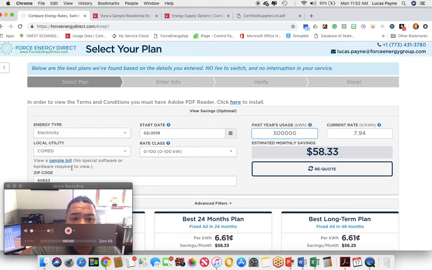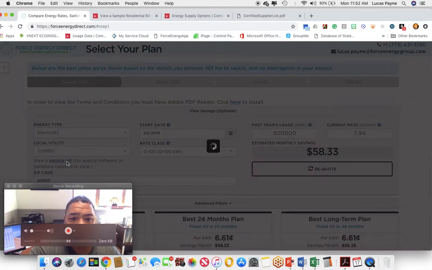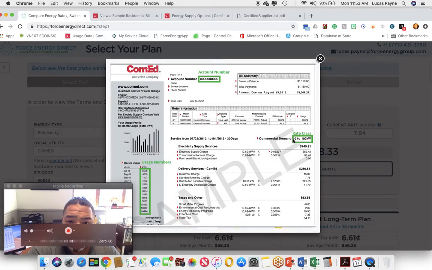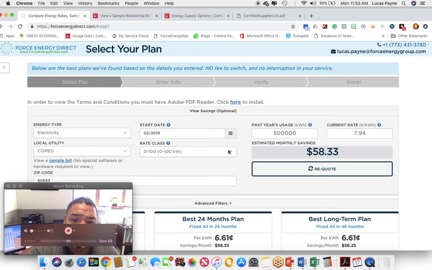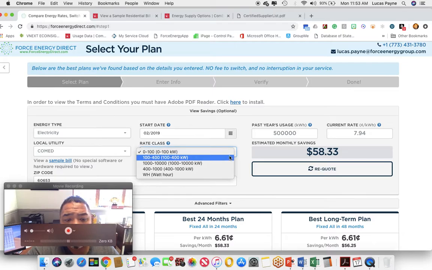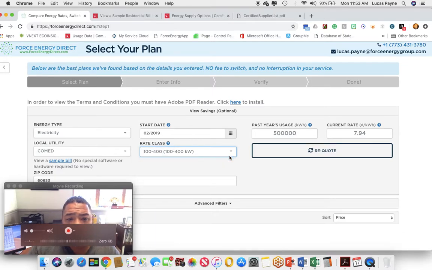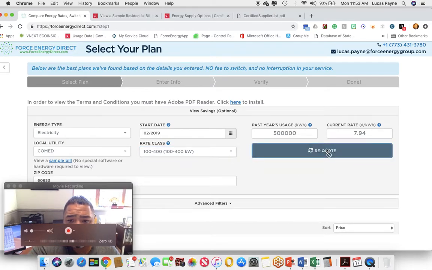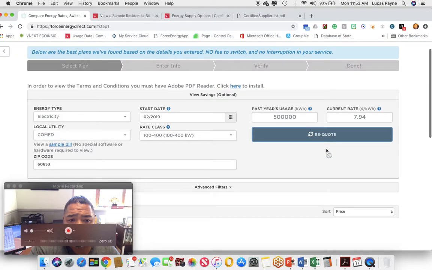Again, the other point you're going to want to make sure of on this sample bill, if you're not sure, you're going to want to look for this rate class, because that changes for business and commercial customers. And in this case, oftentimes a bill of that size is going to be 100 to 400 kW.